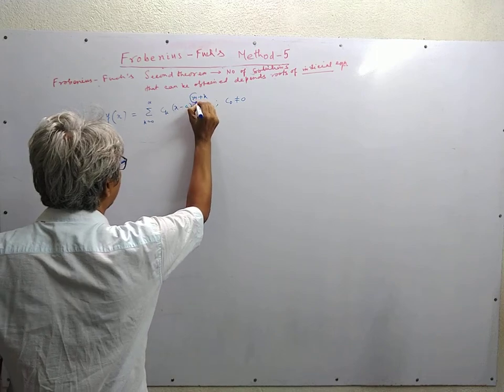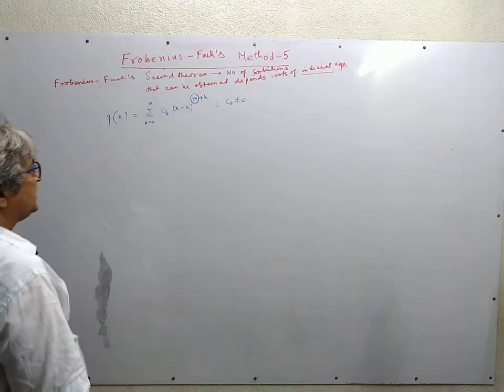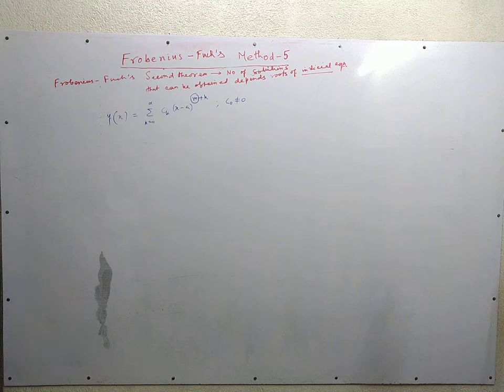This extra exponent or index that has been introduced by the Frobenius-Fuchs method is determined by the initial equation.